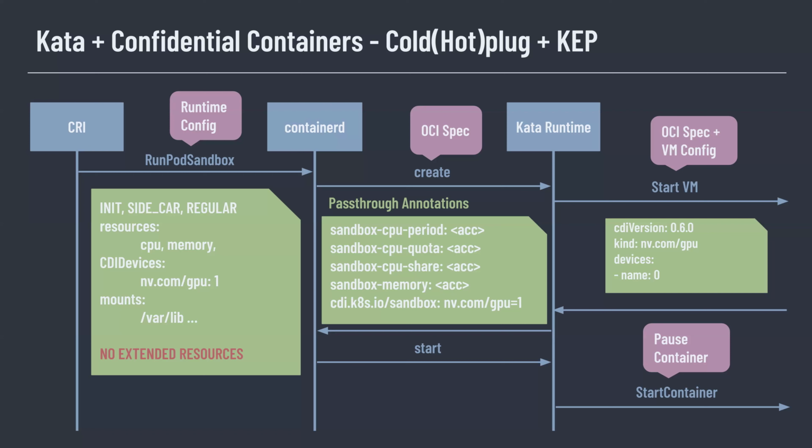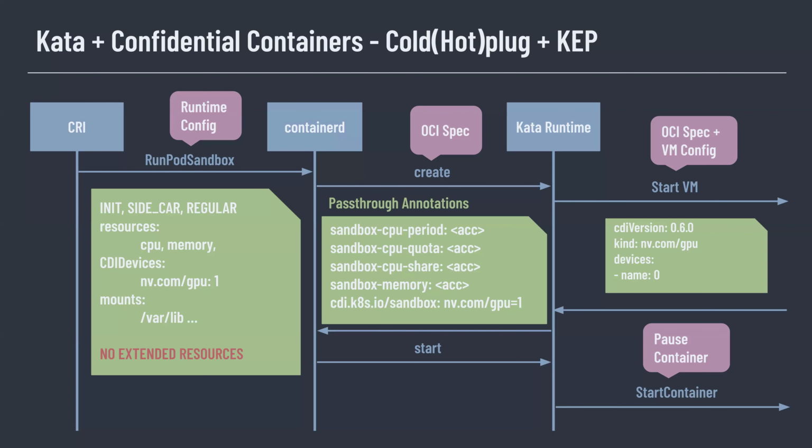And at every stage, be it in the CRI, in containerd, or in the Kata runtime, we can look up every device by its name in the CDI spec database. So we always know how a device is going to be mounted or what container edits we need to do in the OCI spec to enable this device inside of the container.